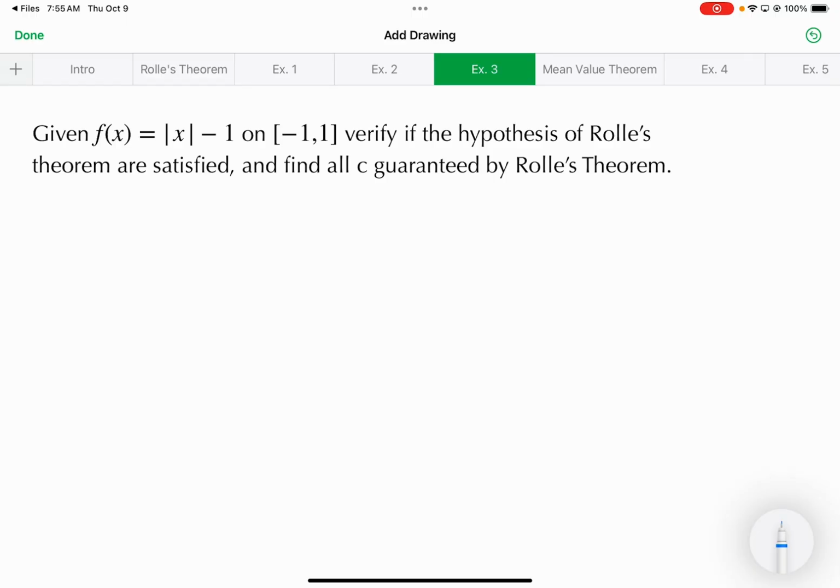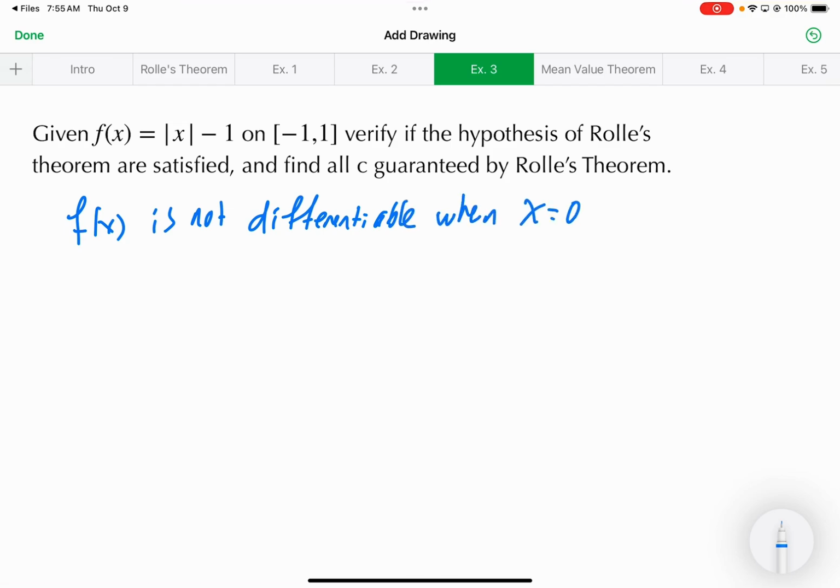In fact, there's nowhere to actually set that equal to 0 because my piecewise function is just 1 and -1. So we would say f of x is not differentiable when x equals 0. Rolle's theorem does not apply.